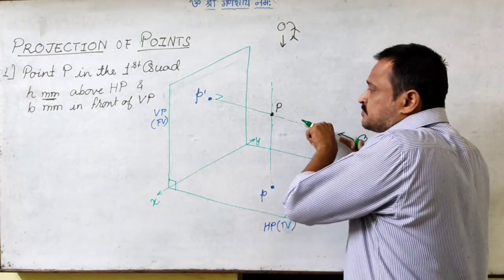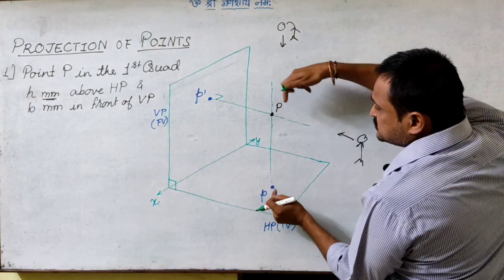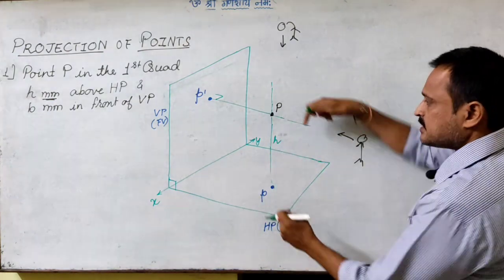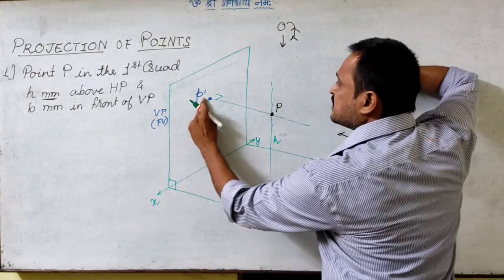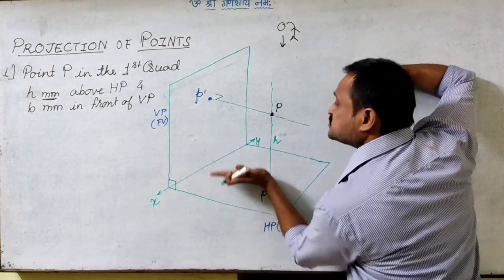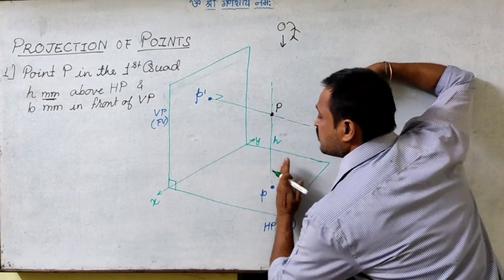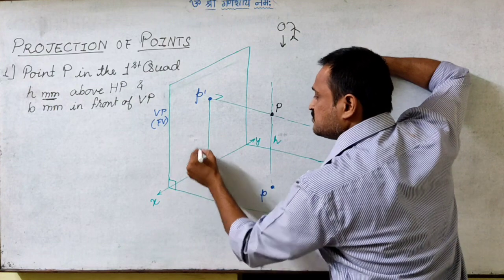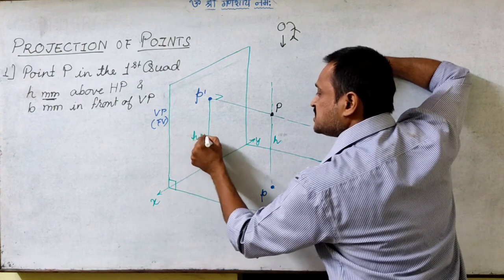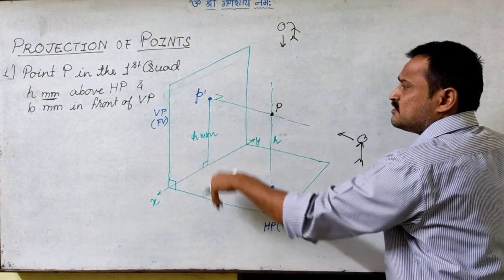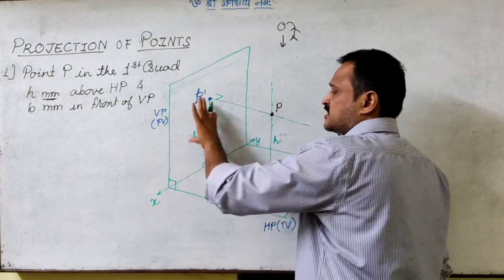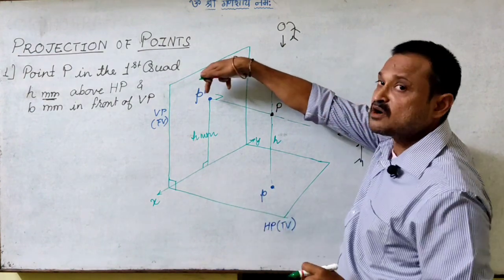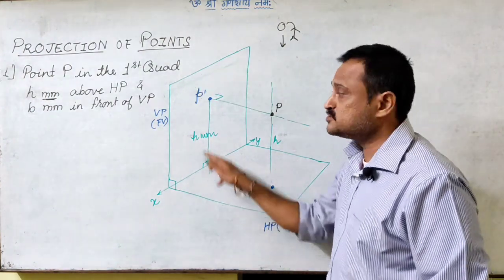So that means I'll be able to see this distance h, and I'll get the image at a distance h from the horizontal plane, or for that matter from the xy line. So I'll be able to see this h millimeter distance of the point P in the front view, the minimum distance of the image from the horizontal plane.